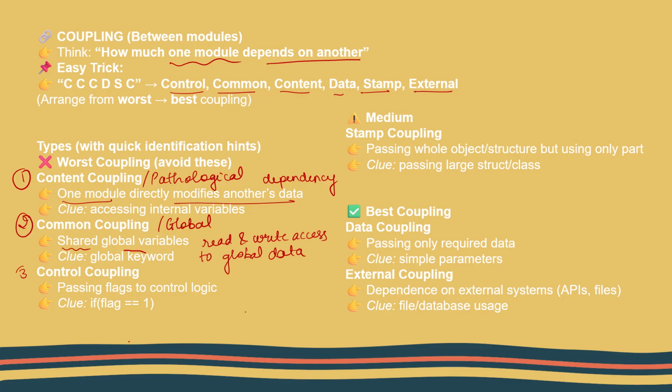Next is your control coupling. In control coupling, two modules are controlled coupled if one of them decides the function of another module or changes its flow of execution. Control coupling is one module controlling the flow of another.